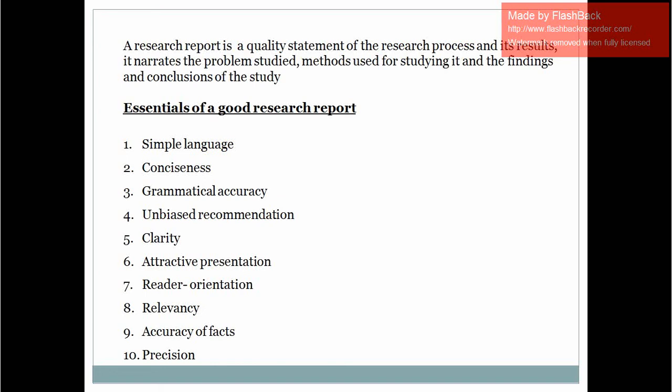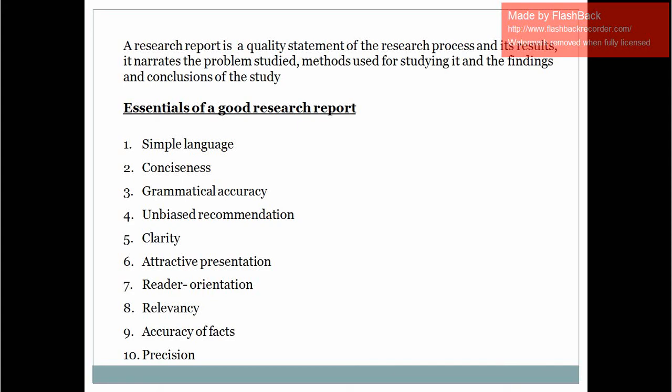Next and the last point we need to understand is precision. A reporter has to be very clear about the exact and definite purpose of writing the report, his investigation, analysis, and recommendations. Precision of a report makes it a valuable document for the best usage.